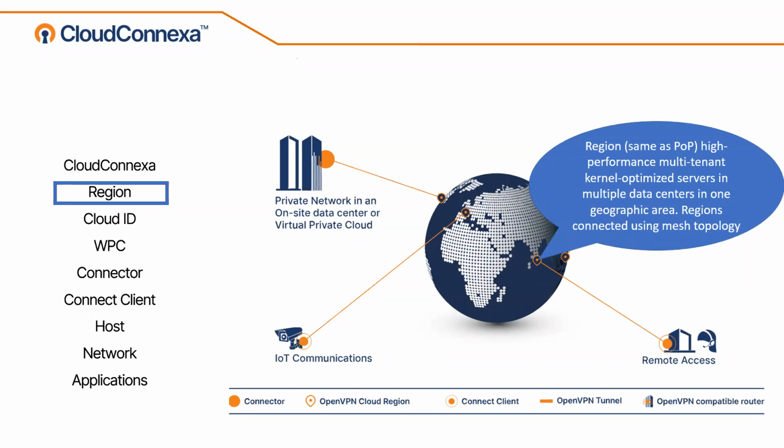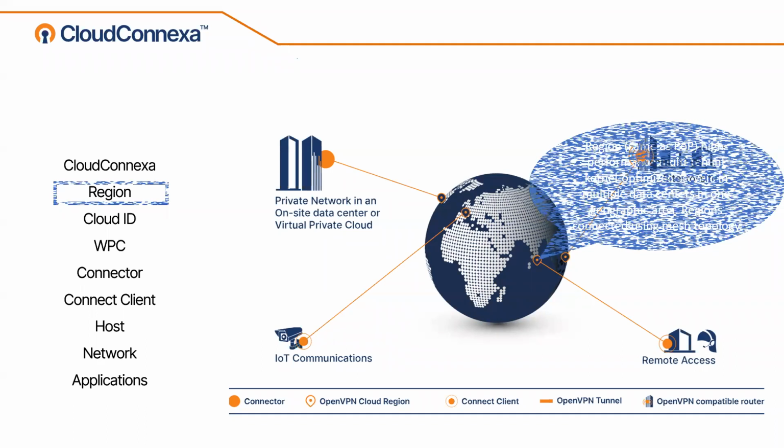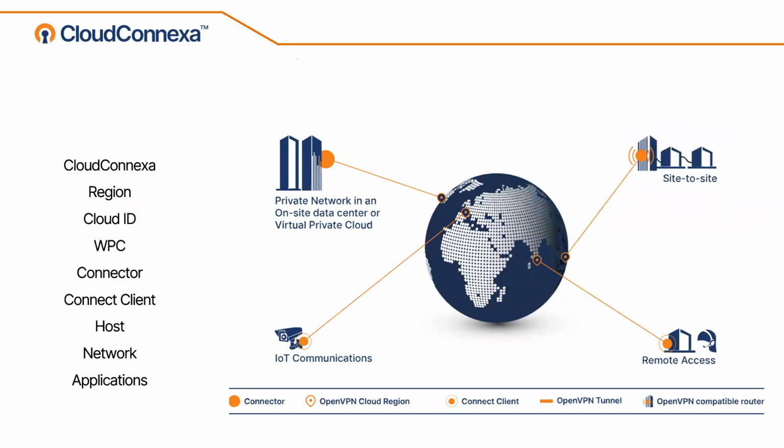Also, because of this mesh connectivity, there are always redundant routes present to a number of other regions. So even if one or two connections go down, there is always another route available to reach the same destination. So it works as a redundancy also.